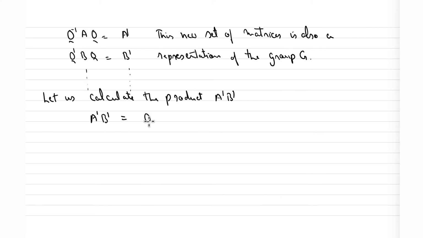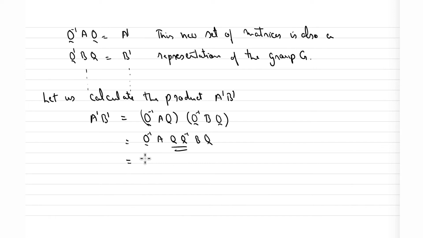So we will see Q inverse A Q, Q inverse B Q. Now the Q Q inverse term goes to E, so we can remove this.